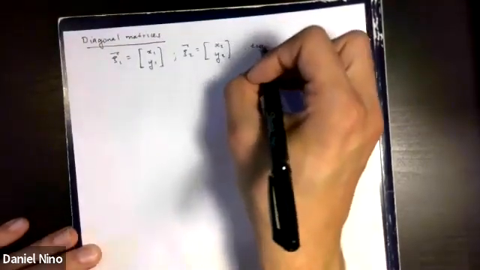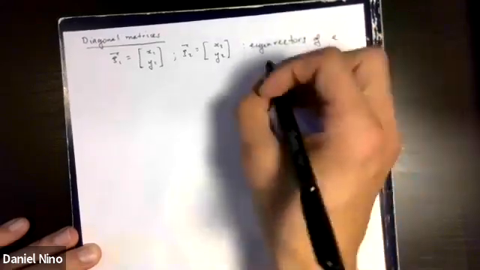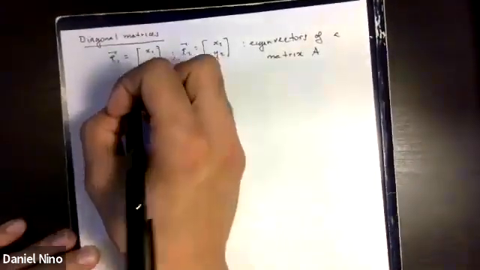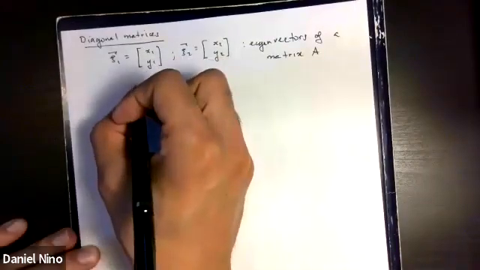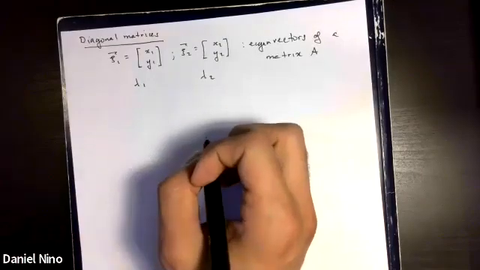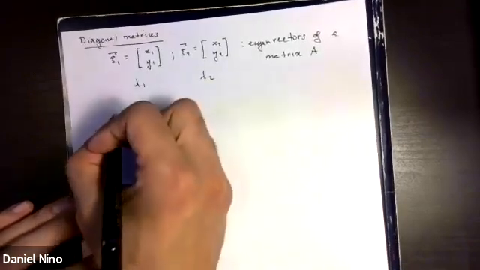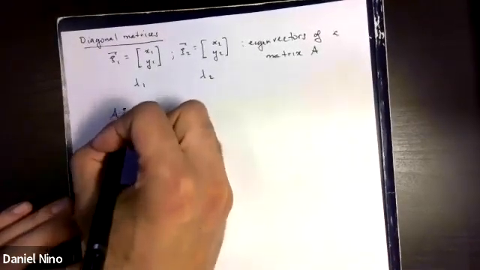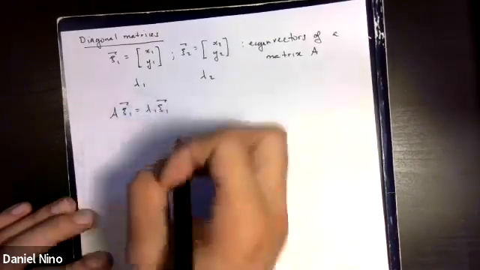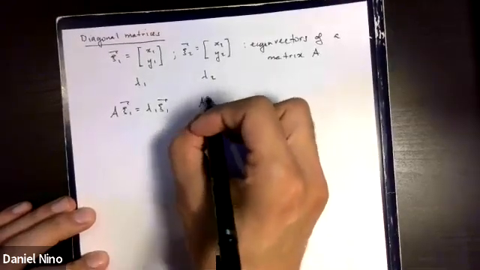So these are the eigenvectors of a matrix A with corresponding eigenvalues lambda 1 and lambda 2. And the defining characteristic of these eigenvectors is if we apply the matrix A to each one of them, we just recover the same vector but scaled by its corresponding eigenvalue.